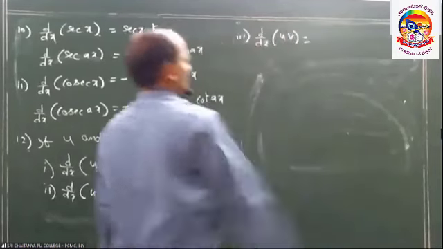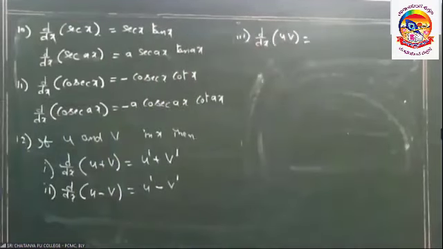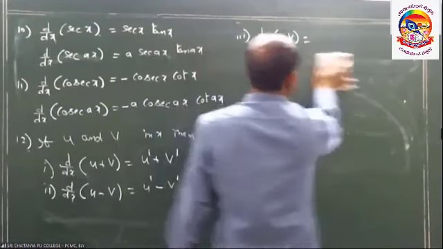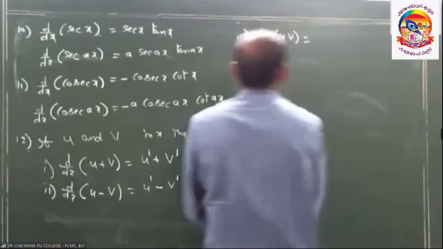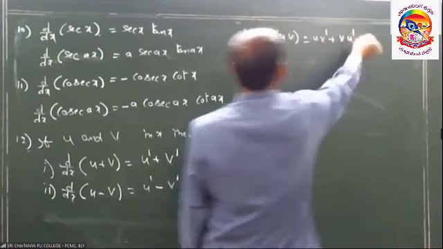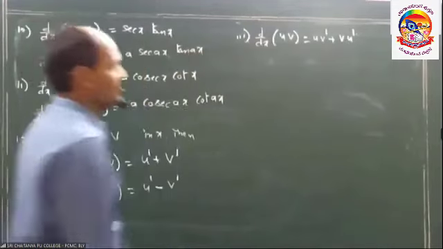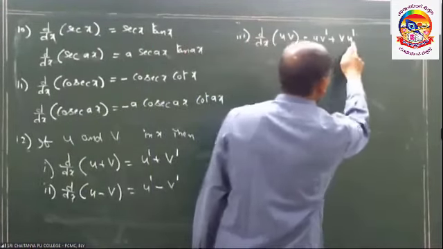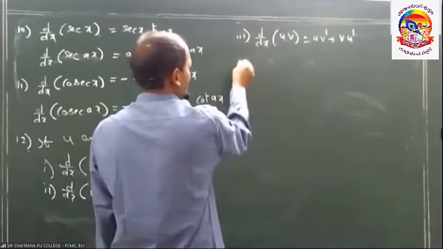It is the product rule. Derivative of uv is u v dash plus v u dash, that is u into derivative of v plus v into derivative of u. It is the product rule.